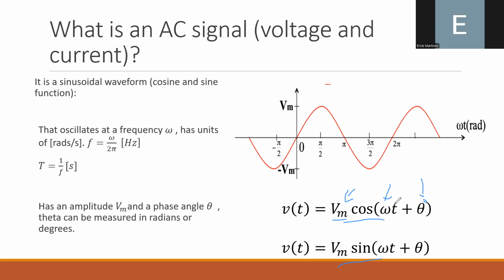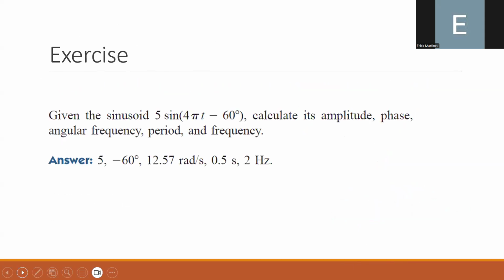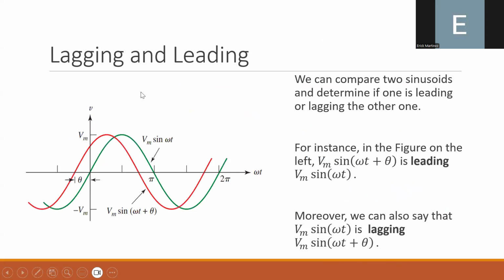Now one of the things that I want to introduce is the idea of how you can compare different sinusoidals. In order to compare different sinusoidals, we can analyze them in terms of lagging and leading. What is the meaning of all of this?